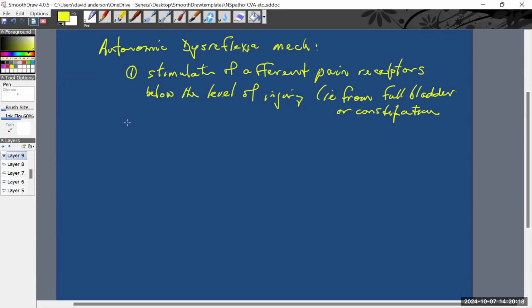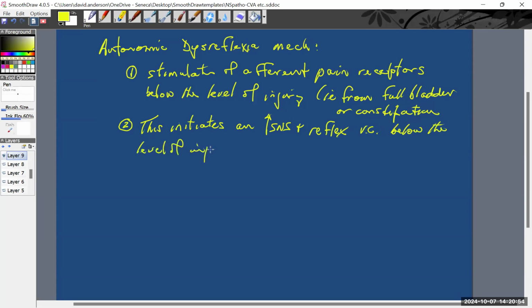Instead, what's going to happen is it's going to initiate an increase in the sympathetic nervous system response and reflex vasoconstriction below the level of injury.